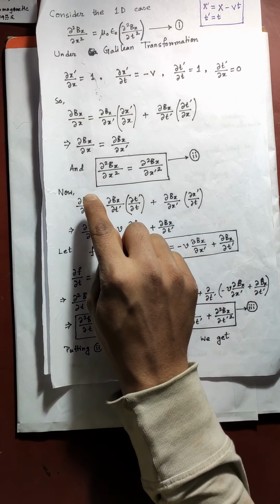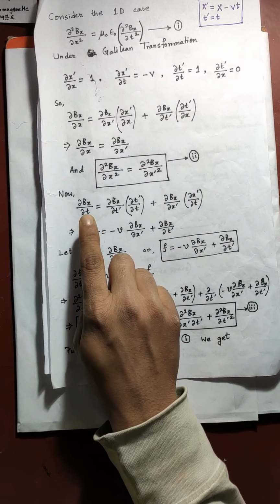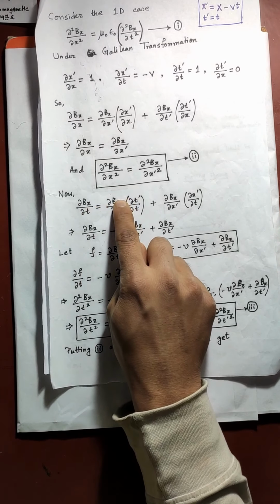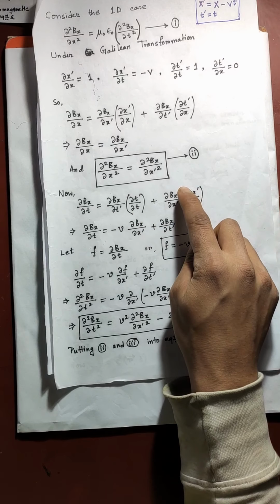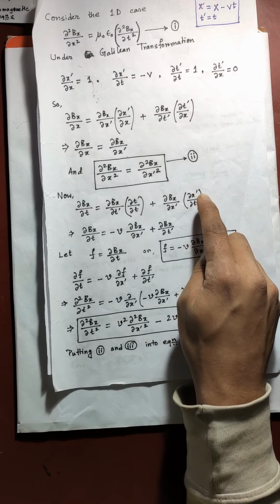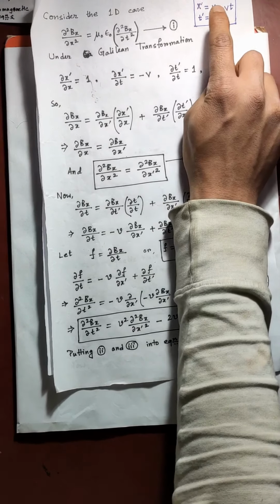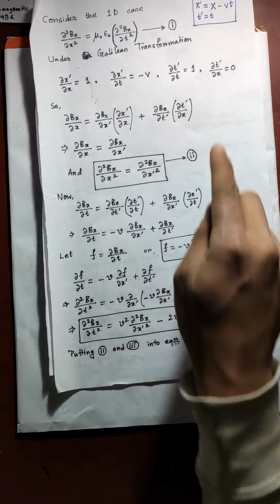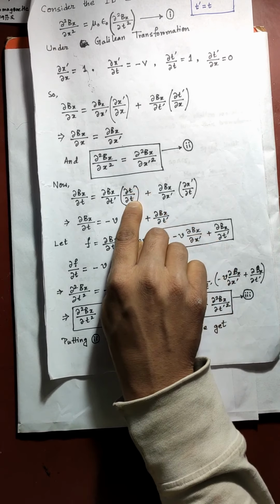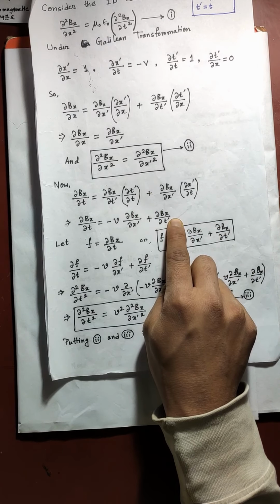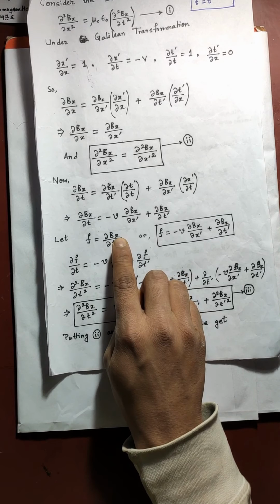Now we are considering this part. First we take del t of Bx equals del t prime of Bx del t prime del t plus, using the chain rule, del x prime of Bx del x prime del t. Now del x prime del t is minus v from here, so we substitute that, and del t prime del t is 1. Let f equal del t of Bx.